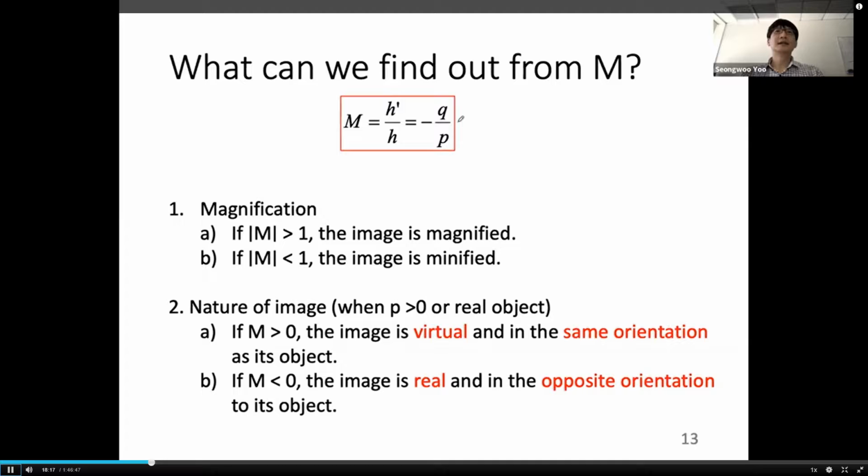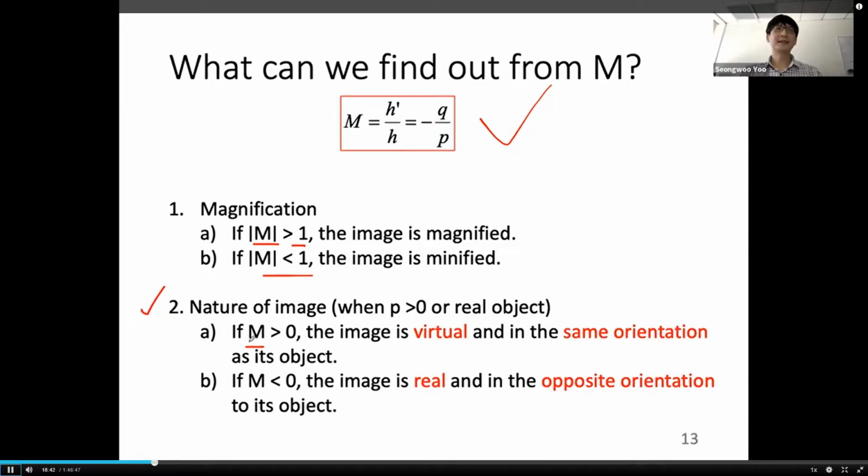Now, we can make a very interesting conclusion from this magnification. First of all, if the modulus of the magnification is larger than 1, then we know that the image is magnified. If the magnification is smaller than 1, then the image is minified. That's very straightforward to understand. The second conclusion is more interesting.